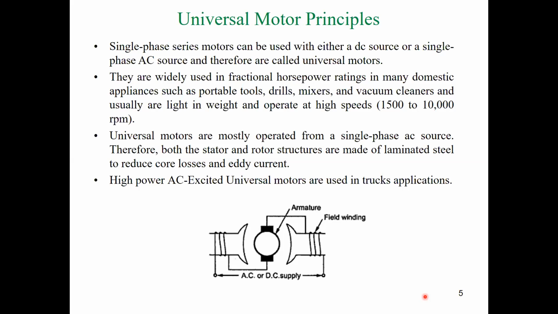So by making the core as laminations, we can reduce the eddy current loss. So the difference between series DC motor construction and universal motor construction is that the core itself is made from laminated steel, not one single core.